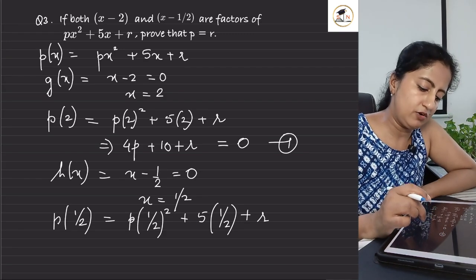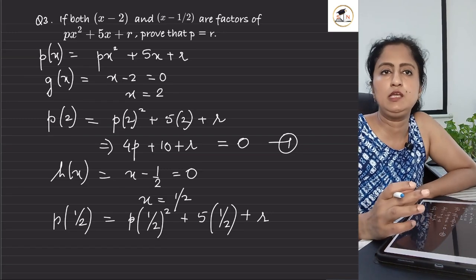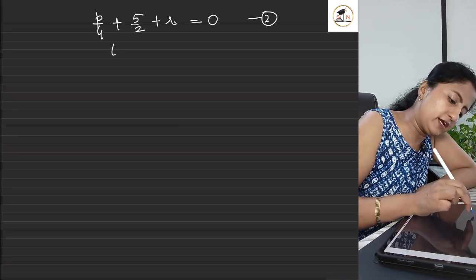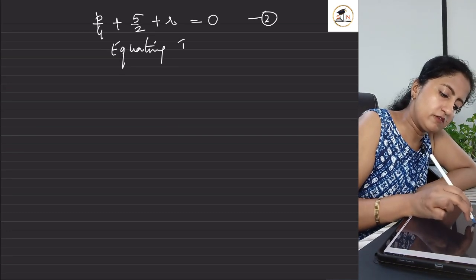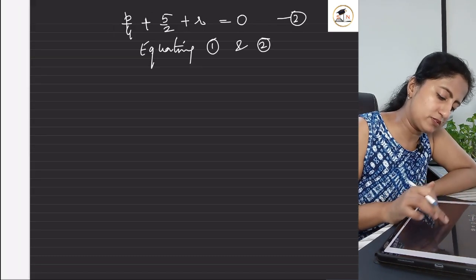Now from here on, they both are equal to 0, so since they are both equal to 0, we can equate them. We will write equating 1 and 2. What was the first equation?